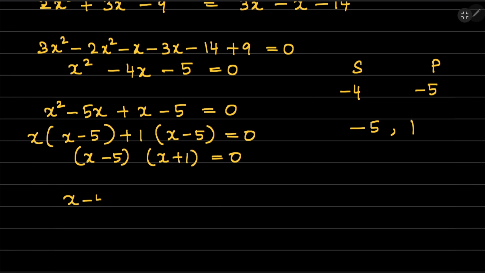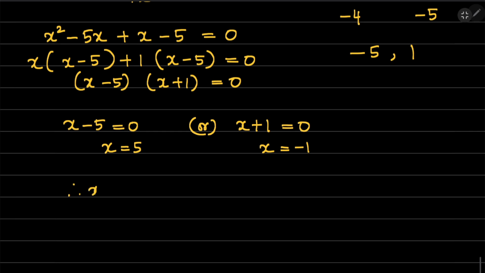So either x minus 5 is equal to 0 or x plus 1 equal to 0. So x is equal to 5 is one of the roots, x equal to minus 1 is another root. So you can write therefore x equal to 5 comma minus 1 are the required roots.